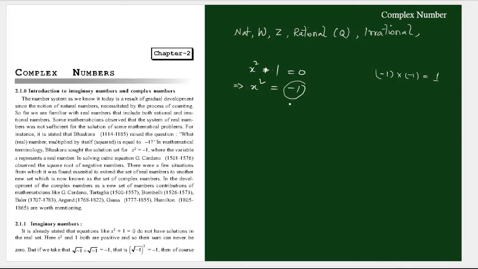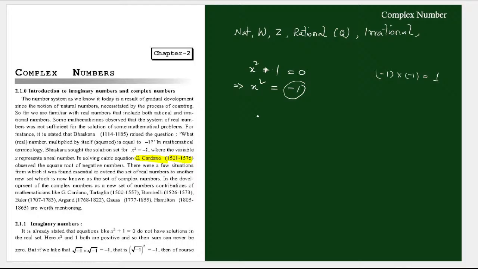So in order to solve this type of equation, this fellow, you see, G. Cardano, in the book, let me highlight it. G. Cardano, 1501 to 1576. He observed the square root of this negative number. So now they devised something they call a new number.